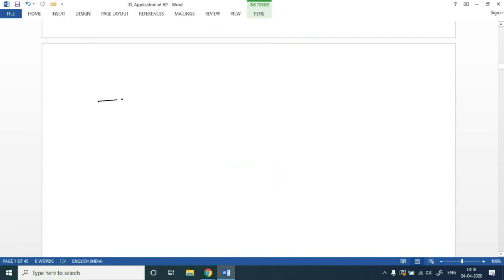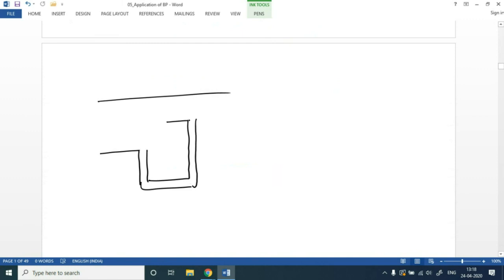Let's say this is the tube, and here the installation will look something like this. In this Pitot tube, some mercury or some denser liquid is filled over here. Let's analyze what will happen.